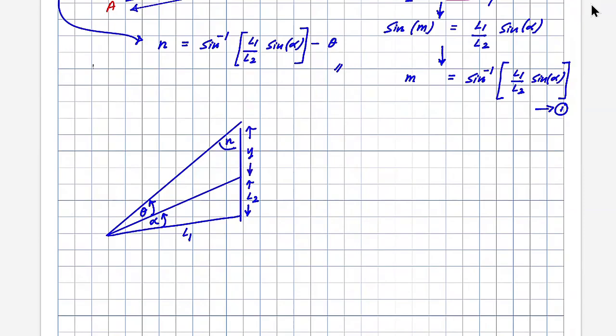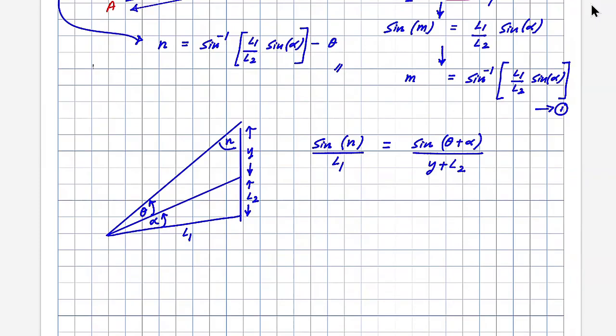So now you have to consider this bigger triangle and then use the sine rule. So if you use the sine rule for that one, it would be sine n divide by L1, look at this, is equal to sine theta plus alpha divide by y plus L2.